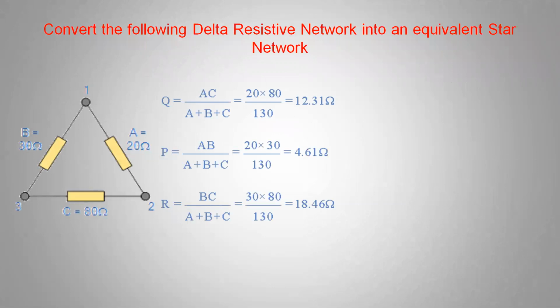Here, take a look: convert the following delta resistive network into an equivalent star network. The three resistors are given as A, B, C between points 1, 2, 3.